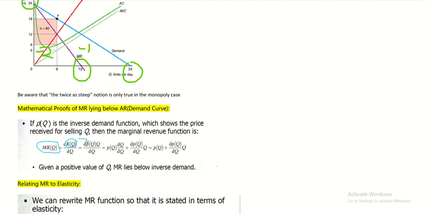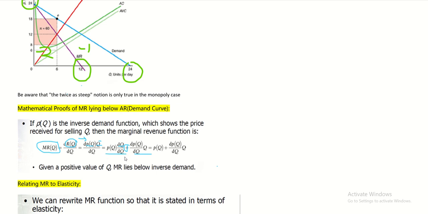So we first write the total revenue as P times Q. When we differentiate these terms, the chain rule actually kicks in. So we first differentiate the second term, dQ over dQ, and then we times the first term, P. Plus, we differentiate the first term, which is dP over dQ, and we times the second term, which is Q. So that is basically the chain rule.